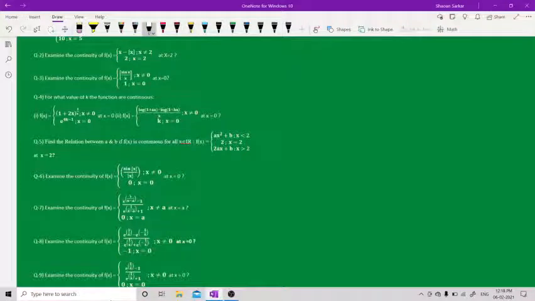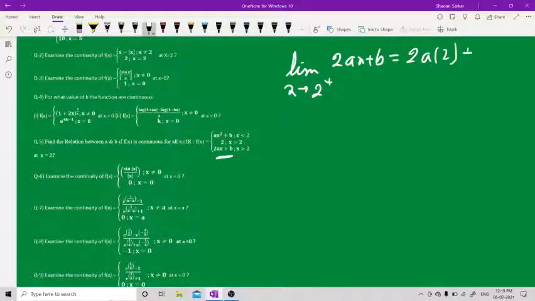Fifth: limit x tending to 2 plus, sorry, not 0, it is 2 here, so x greater than 2. You take this function 2ax plus b, put the value, that is 2a into 2 plus b, so this will be 4a plus b. Done, one part is done.